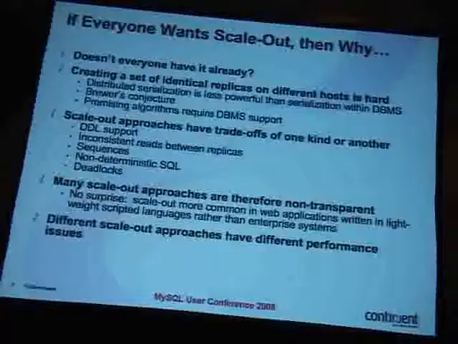You also have things like Brewer's conjecture, which is also called the CAP principle. It stands for consistency, availability, and partition tolerance. There's a theorem that basically says in a distributed environment, you can only have two of those three. So if you think you're going to have network partitions, and you want to be totally available, you're going to have to sacrifice consistency of data.